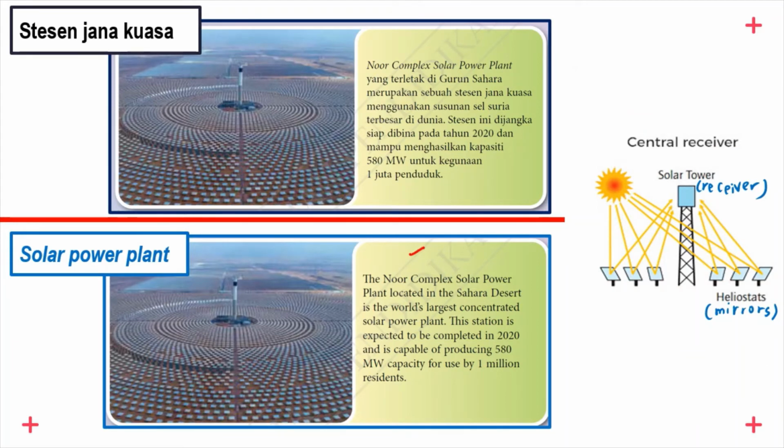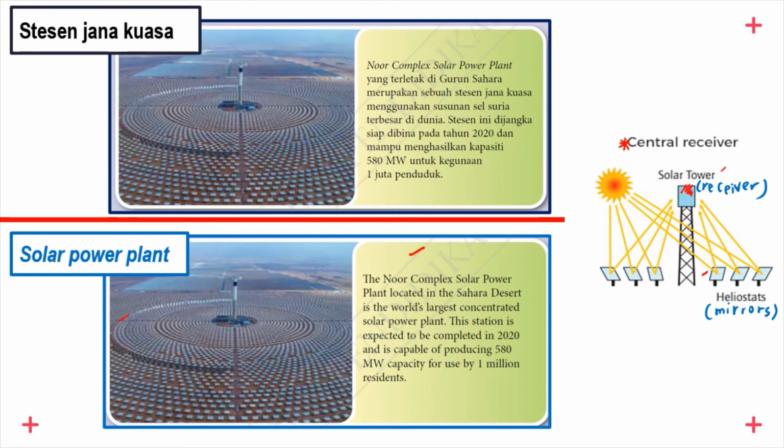The Noor Complex Solar Power Plant, located in the Sahara Desert, is the world's largest concentrated solar power plant. There are 4 types of concentrated solar power technologies. The picture here shows one of them, which is central receiver. As you can see, there is a solar tower here, the receiver is here, and this solar tower is surrounded by heliostats.